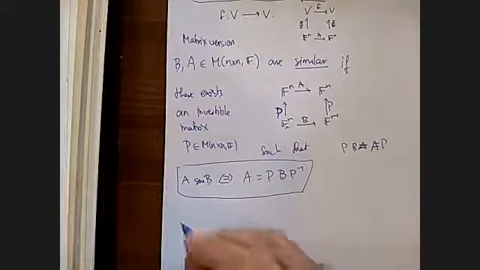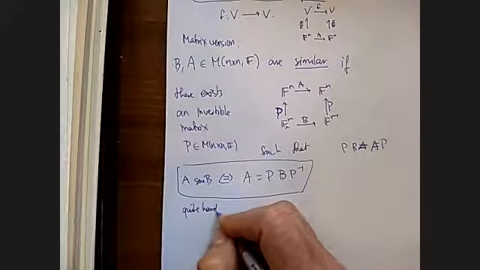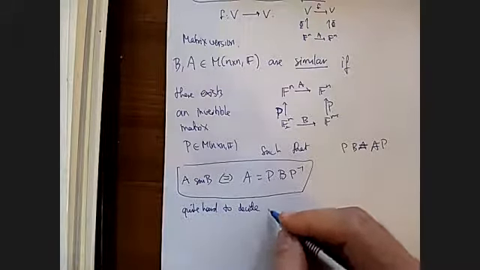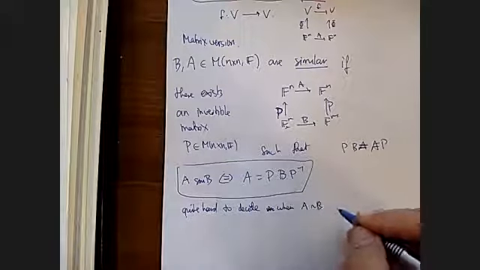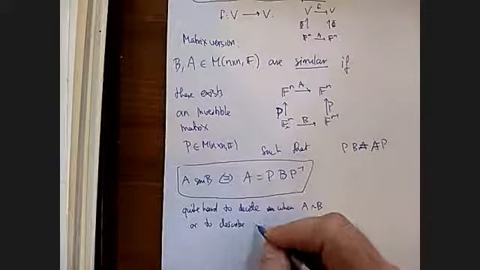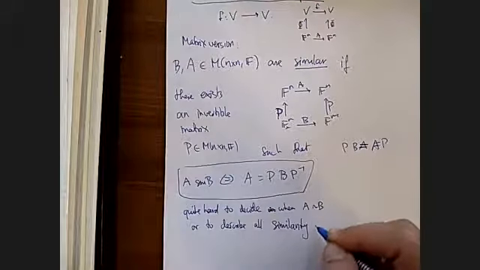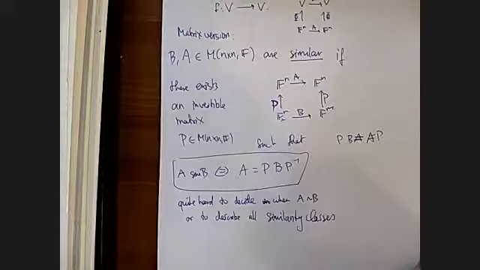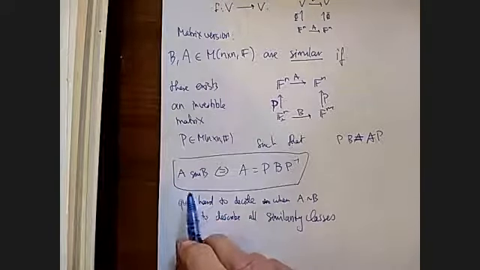It's actually quite hard to decide when A is similar to B, or to describe all similarity classes. Right, the similarity classes are the equivalence classes according to the similarity relation, which of course is an equivalence relation.